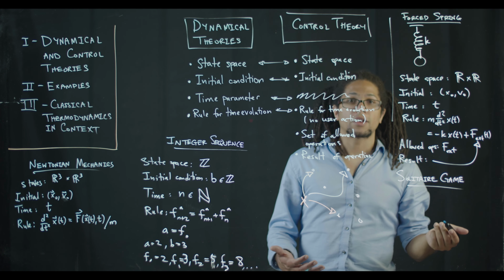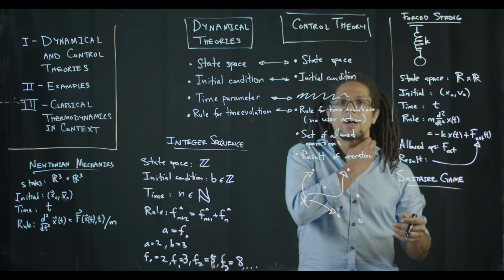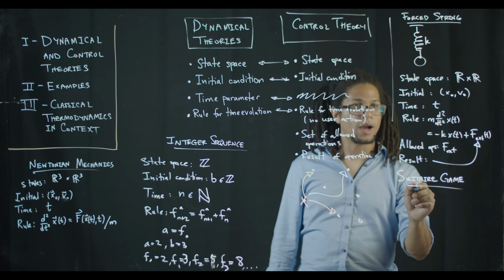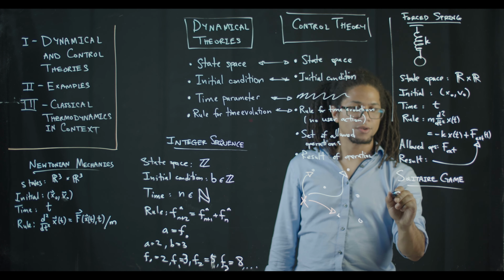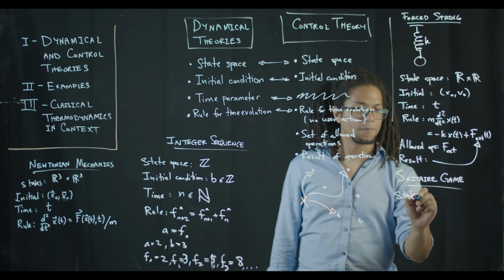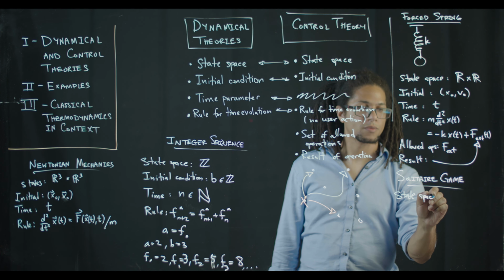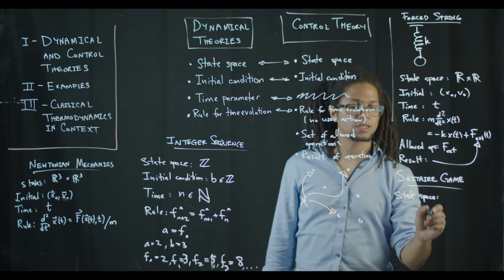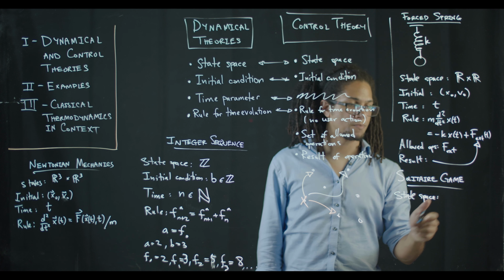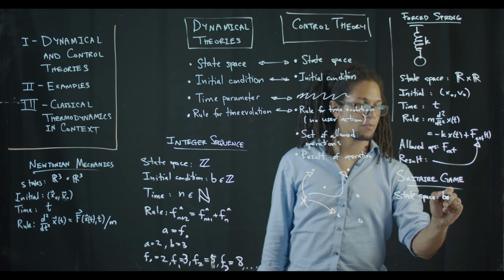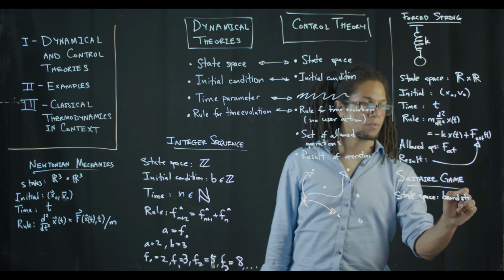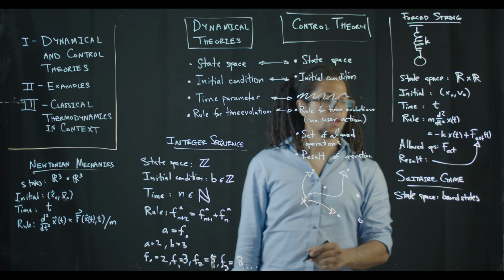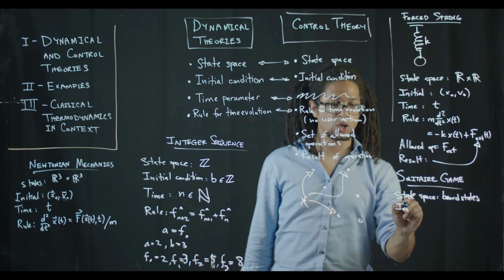So in any solitaire game that's deterministic, that has no element of randomness, well, we can talk about each of these aspects as well. The state space is the possible board states of the game. The initial condition is whatever the starting condition is for the game.